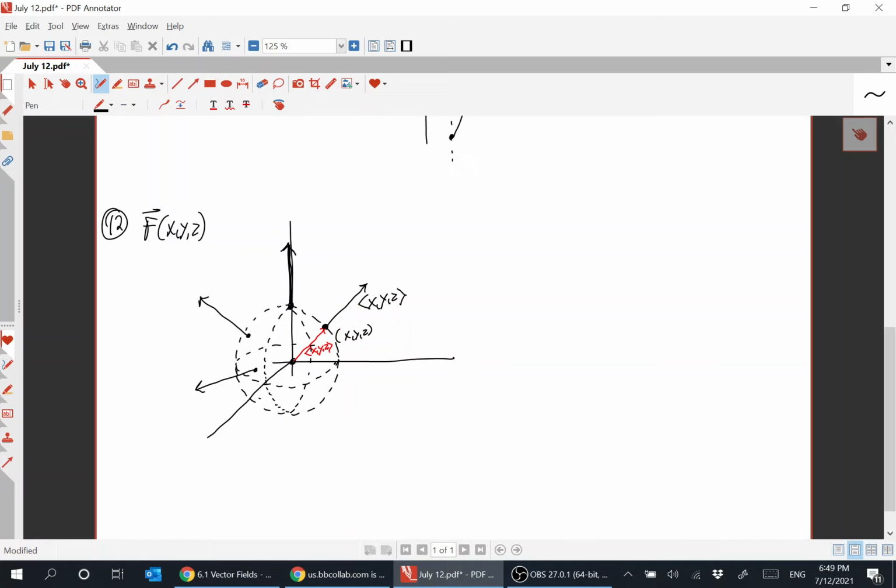Other vector fields related to this, a similar idea, would look like this.